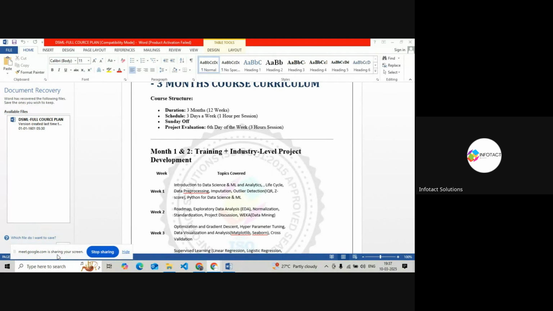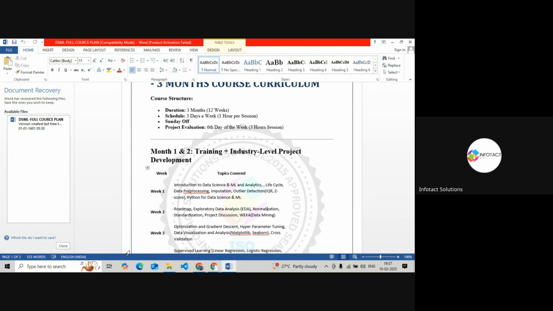It helps in data manipulation, visualization, machine learning algorithms, and deep learning algorithms implementation. First, to set up Python, you need to install NumPy, Pandas, Matplotlib, everything.